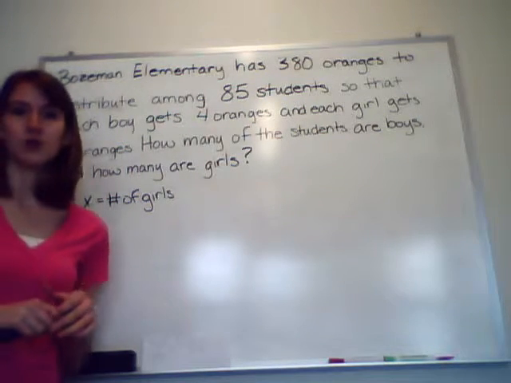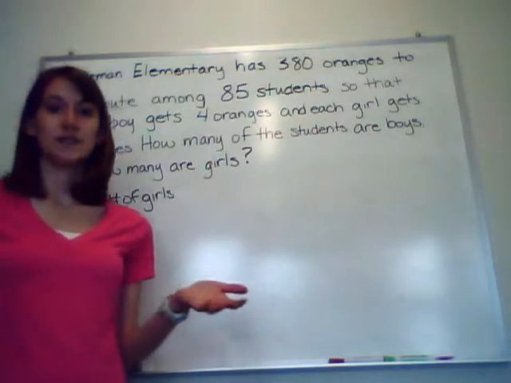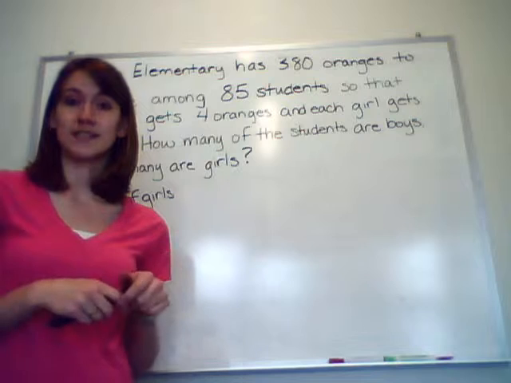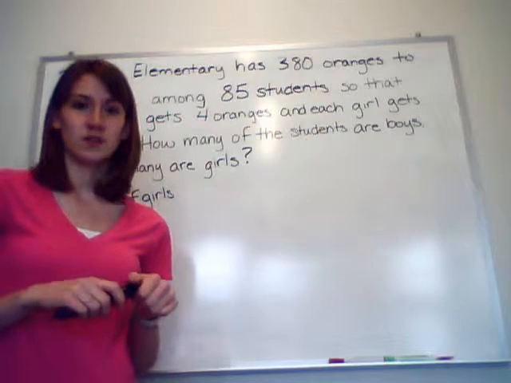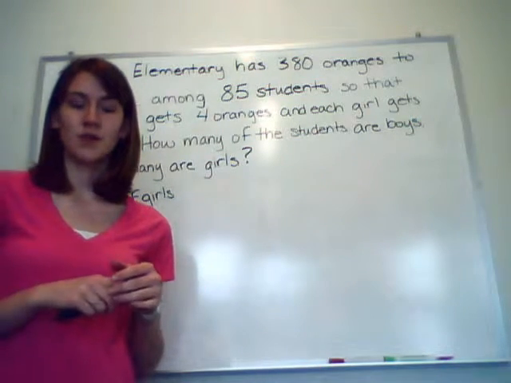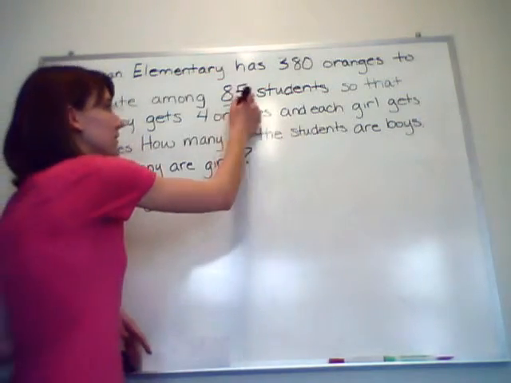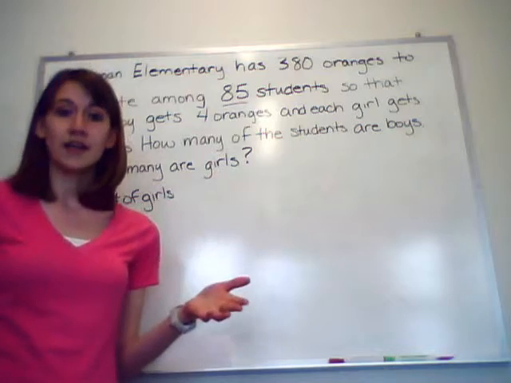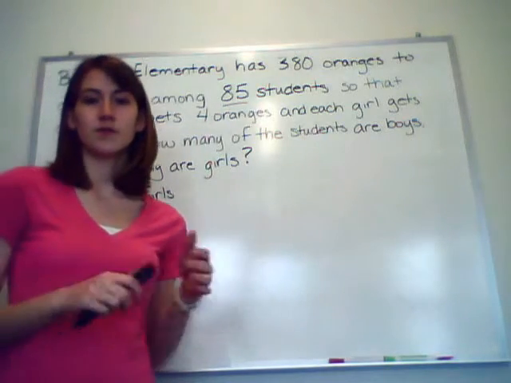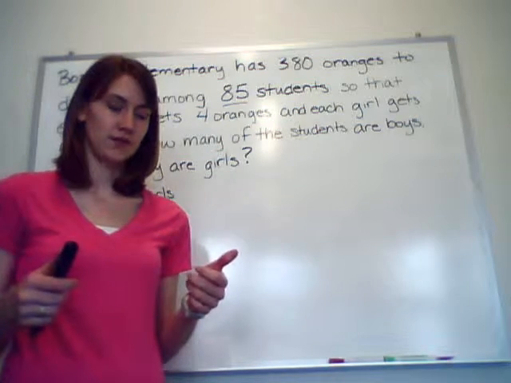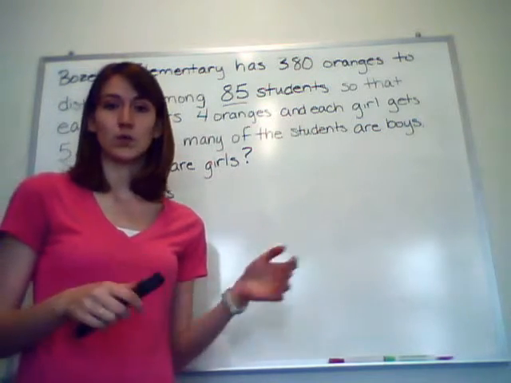And now that we have that marked, we still need to account for the boys, but we don't want to use another variable to represent them. So rather than using Y or another letter, we know that we have 85 students. If we have 85 students and we subtract the number of girls, that should leave us with the number of boys within this school.